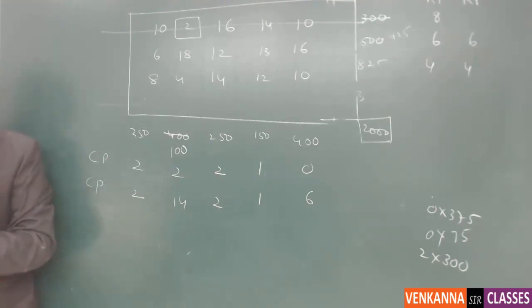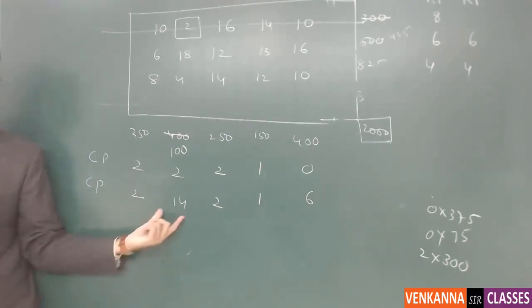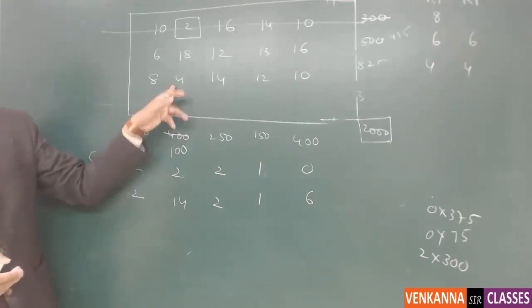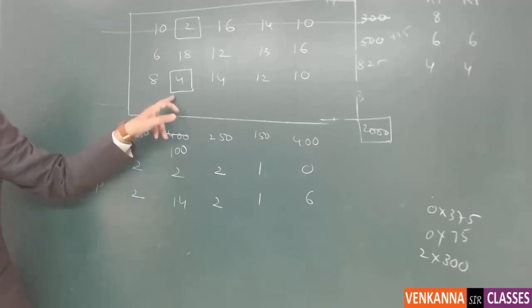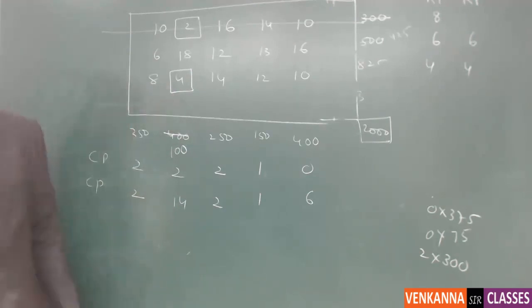I think you are solving the problem on your own. I hope so. So among all these penalties, the highest penalty is 14, which occurs for this column. In this, the smallest value is 4. So for 4, you are allocating.